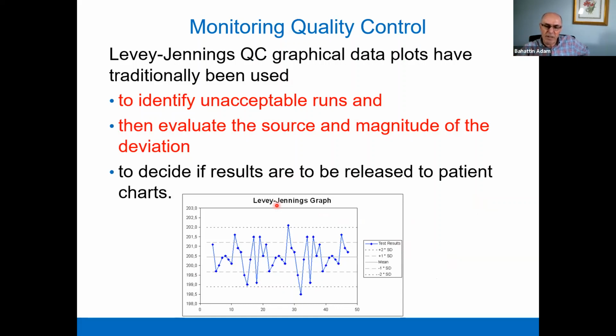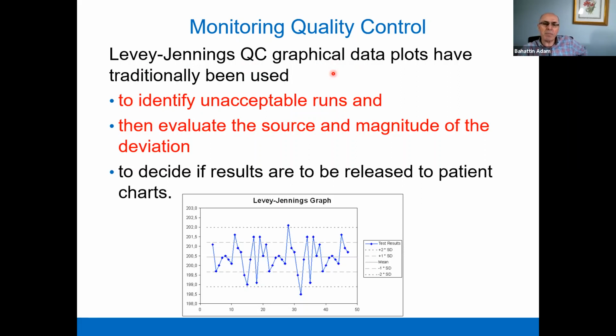In most cases, the instruments do this by themselves, but in some cases, we use Levey-Jennings QC graphical data plots in order to identify unacceptable runs, then evaluate the source and magnitude of the deviation to decide if results are to be released to the patient charts.